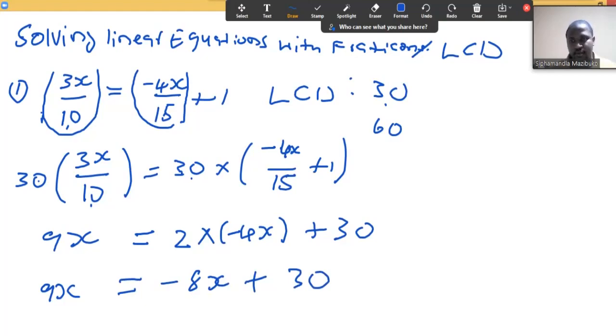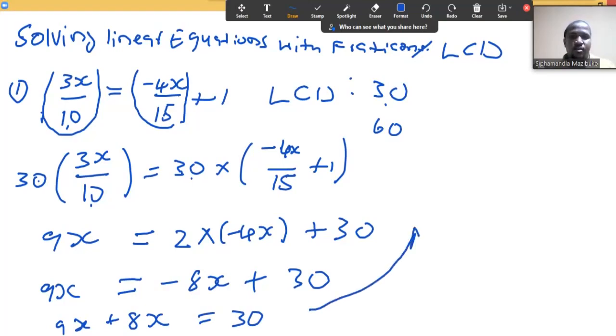Now we need to take our 8x to the other side, so we should have 9x plus 8x is equal to 30. Let's carry on from here.